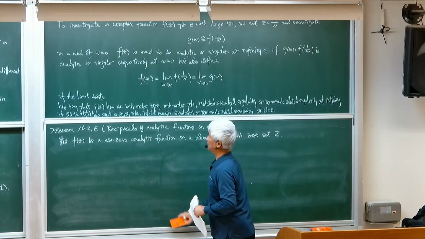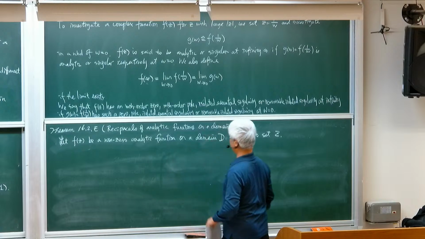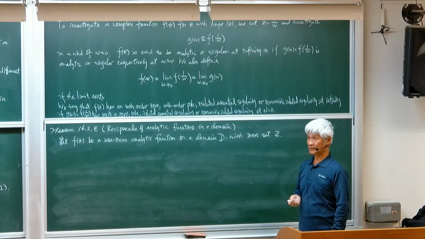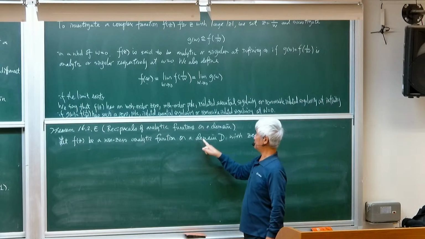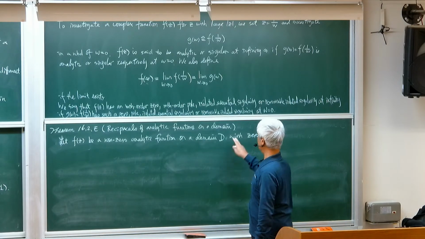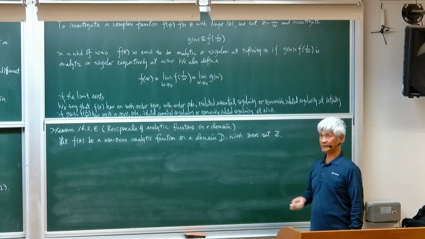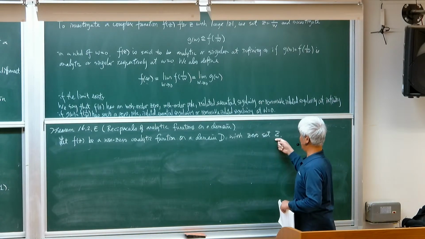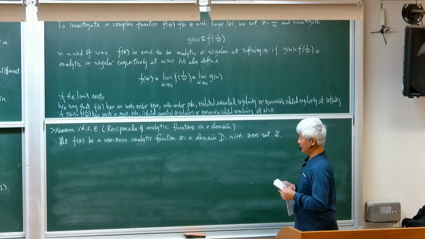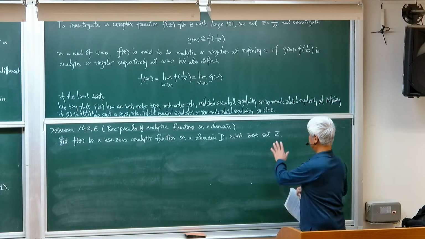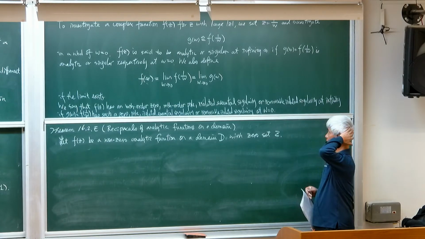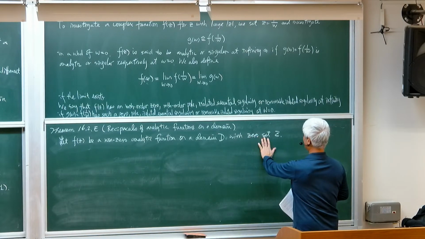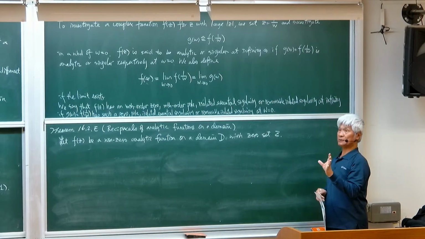So f is an analytic function on a domain D, so f has no singularity on D, and it has a zero set, which we call Z. And of course, by theorem 16.2.b, this zero set has no essential zero.